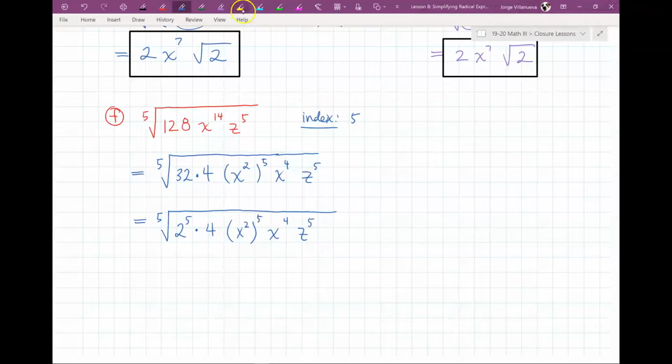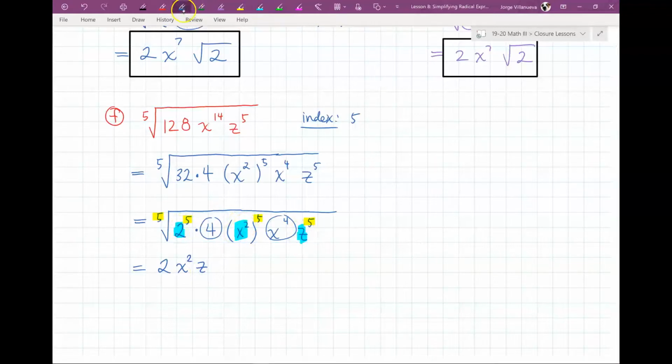Okay, now let me highlight my indices here. My index with this power, and that power. The ones that I highlighted, they are coming out. The ones that I didn't, they're stuck. So here we go. We're going to write a 2 outside, an x squared, and a z, because these are the things that get to leave because they have the 5th power.